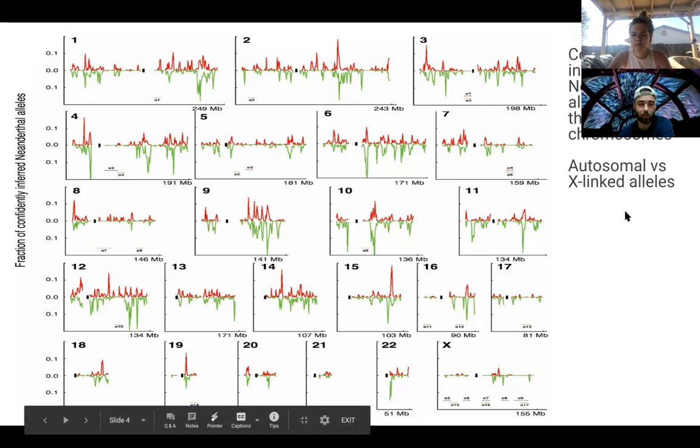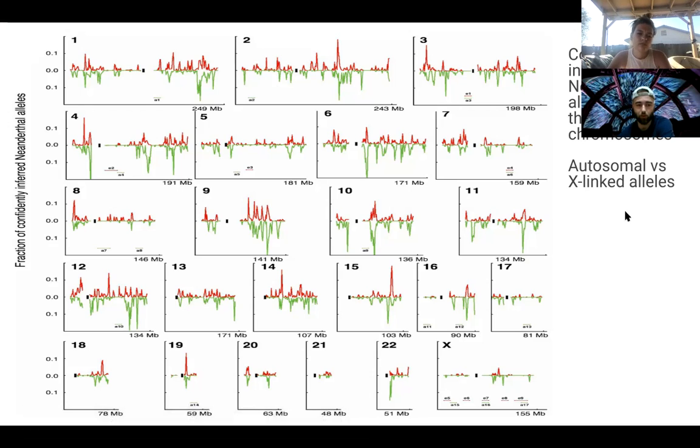On the left side of the graph, there's the 0 to 0.1, which is showing 0.1% versus the length of the actual chromosome. And the red is the East Asian populations versus the green, I believe, is the European population. So they're showing the differences between who has more alleles on which chromosome.